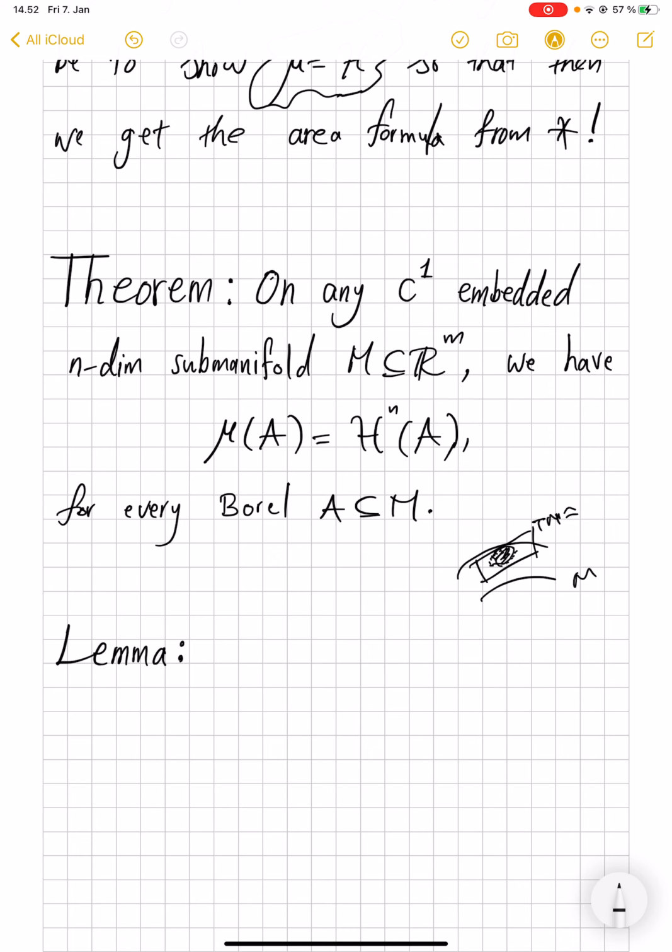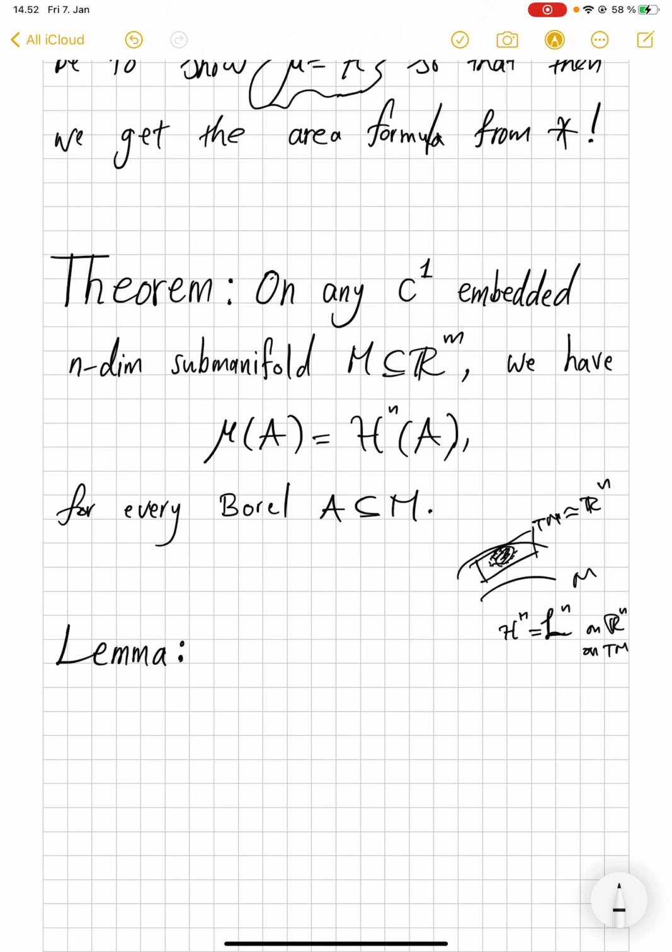And the tangent space is a copy of Rn, so we know that Hn is equal to Ln. We will also take this fact for granted. I've put a video focusing on this Hn equal Ln in the playlist of area formulas, because we keep using this in area formulas. So this is on Rn, so here it means on the tangent space.